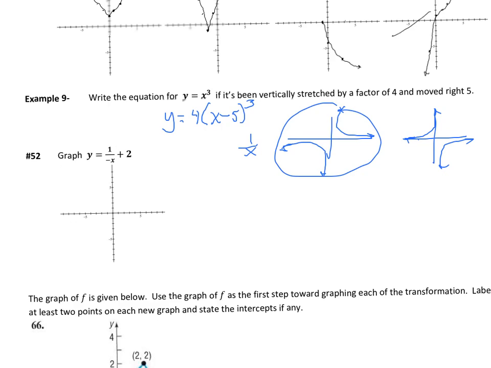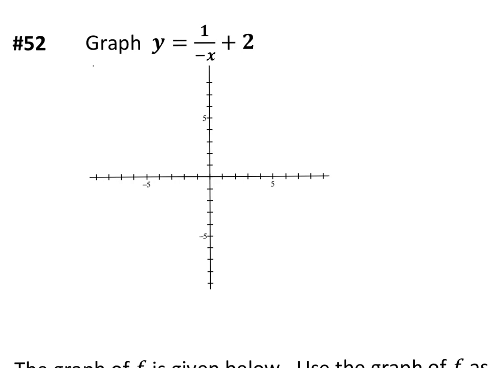Now we're going to take that whole mess and we're going to shift it up 2. So that's going to look like this. So now our new asymptote, instead of being at the x-axis, is going to be at y equals 2. And the vertical asymptote stays the same because we're not shifting it left and right. We're only shifting it up, and then it looks like this.